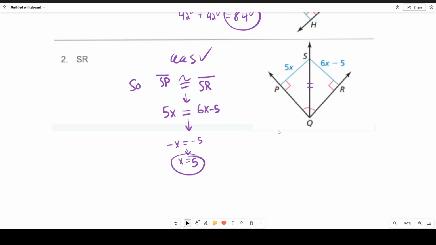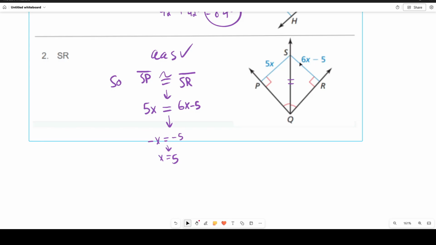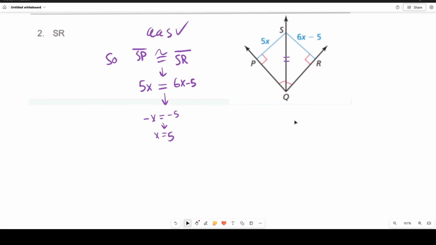And you are wrong if you circle that, because the question didn't ask for x, it asked for SR. SR is 6x minus 5. So if we plug in 6 times 5 minus 5, 6 times 5 is 30 minus 5. That would equal 25. And if you circle that, you're right.